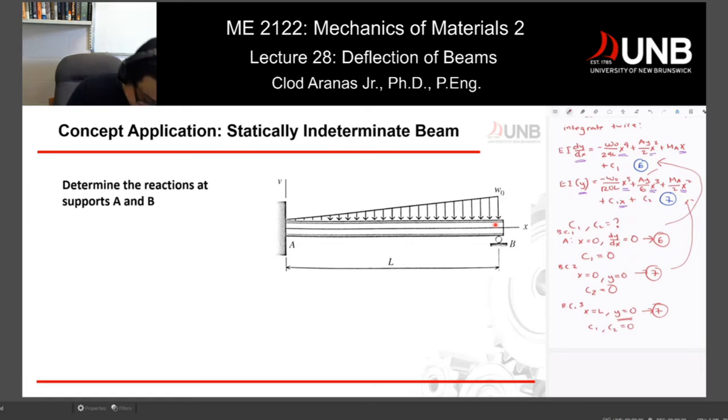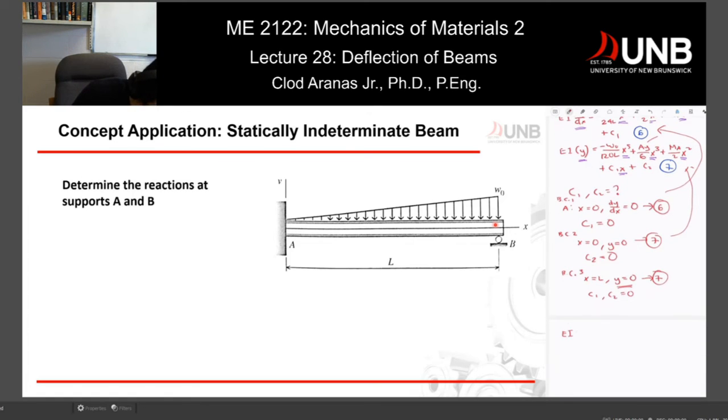So we have EI times 0, looking at equation 7 from the top, is equal to negative W naught over 120 L times L raised to 5 plus, we keep this one, A sub y over 6.